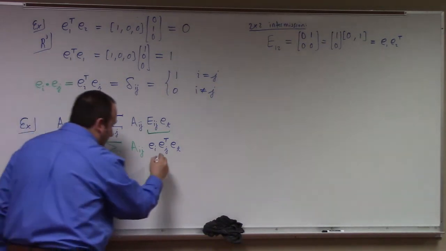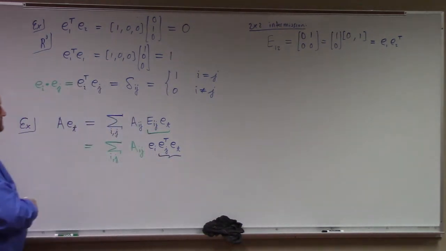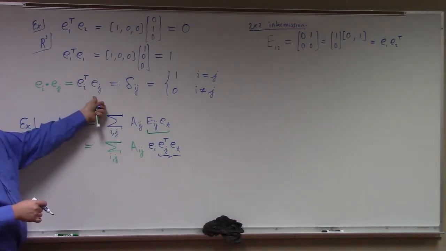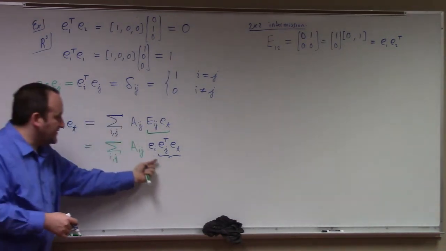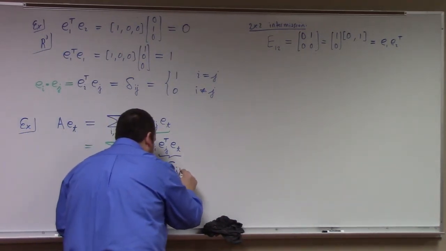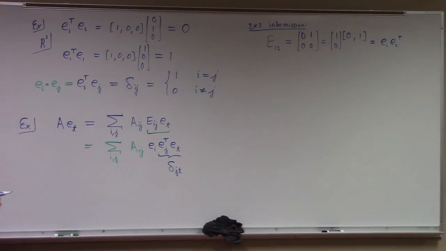This right here, though, what is this, guys? That's the row times the column. That's the dot product of Ej and Et. So that's exactly the Kronecker delta JT. So what does that do? That kills the sum over j.